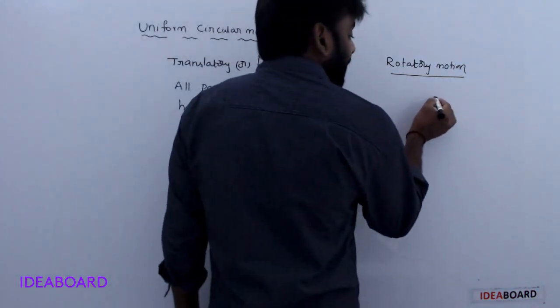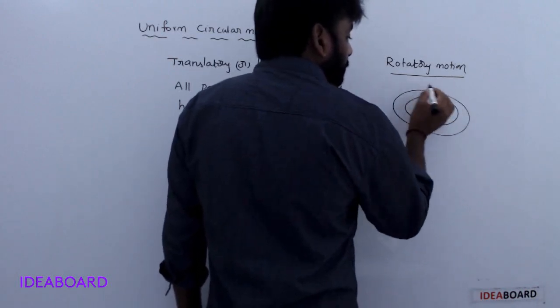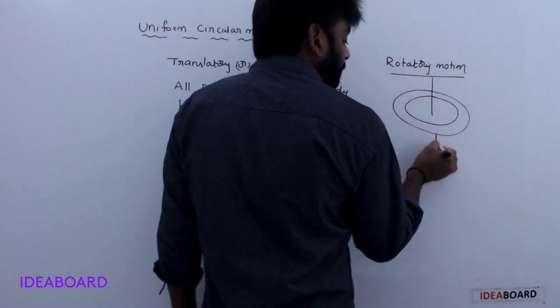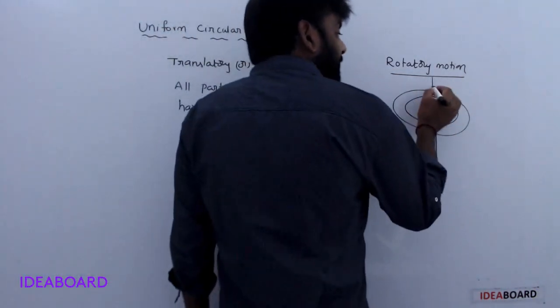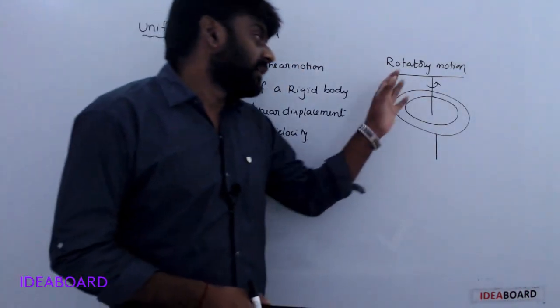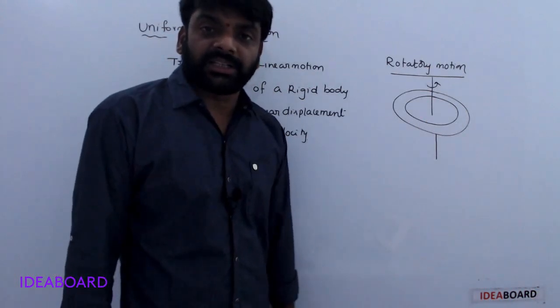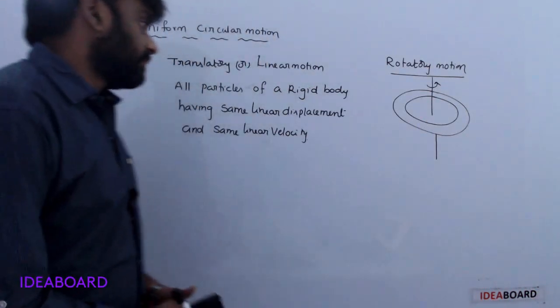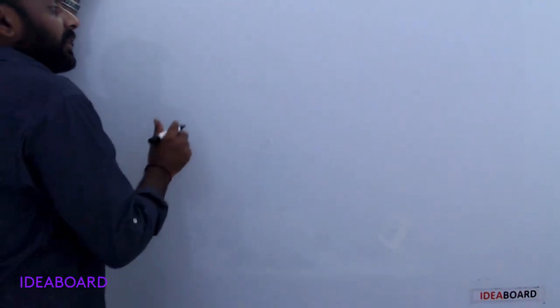All particles have one common center line, that is called the axis of rotation.